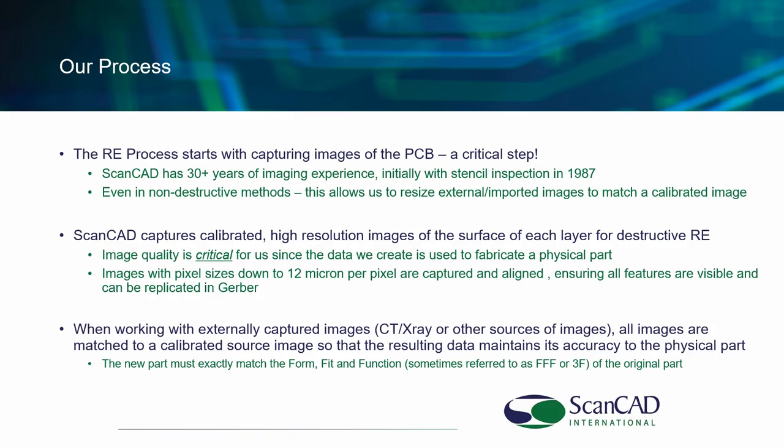Now, for our destructive process, we're able to capture feature sizes down to 12 micron with an accuracy of plus or minus 25 micron across 16 inches. That means that if you scanned a 16-inch ruler on our system, the 0 and 16-inch marks would be within 25 microns of their actual position on the ruler.